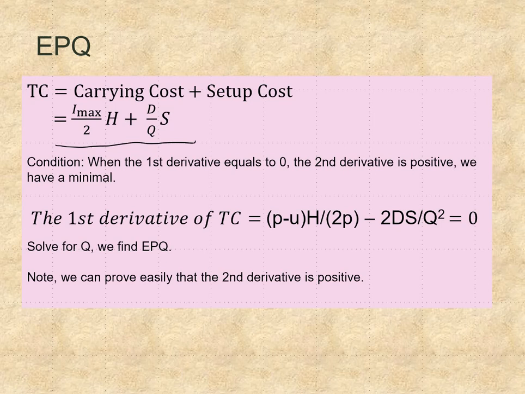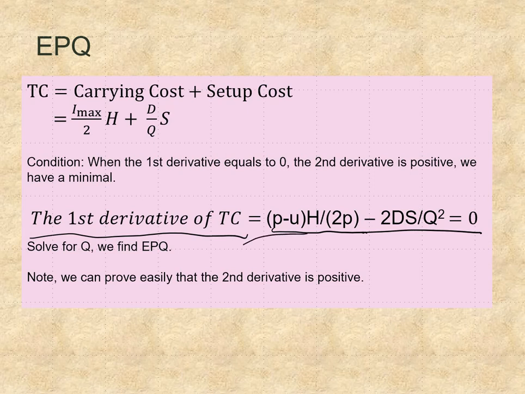Same idea here as the EPQ model: the condition is the first derivative equals 0 and the second derivative is positive. Then we have a minimum. So we have to make these two happen. In order to have the first derivative equal 0, (P minus U) times H divided by 2P, minus DS divided by Q squared, equals 0. Solve for Q, we can find EPQ.